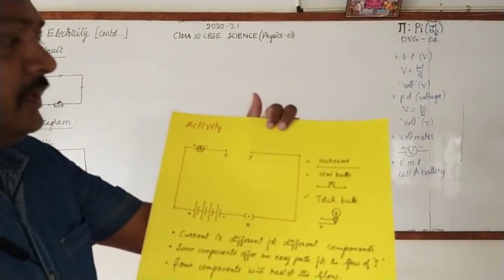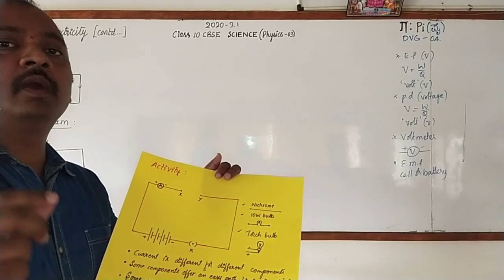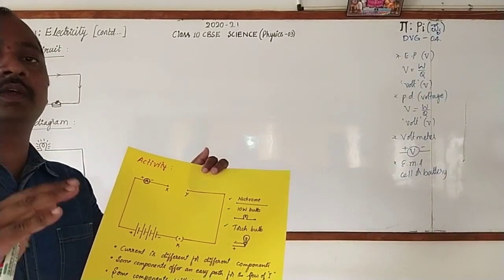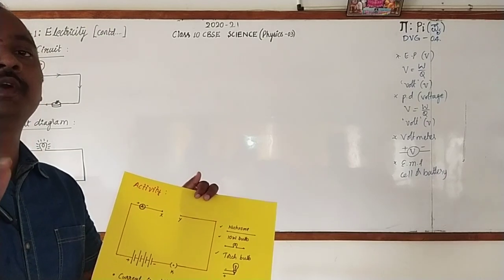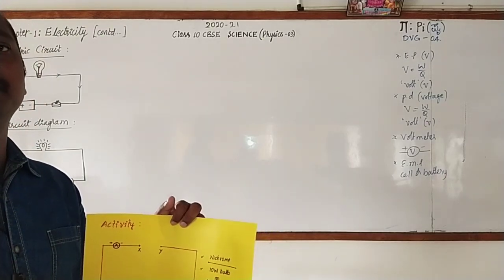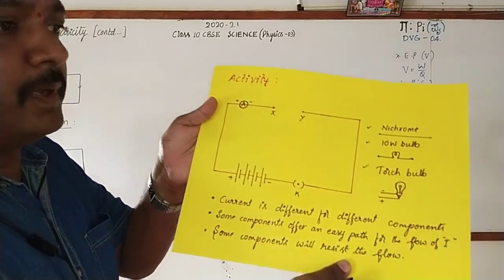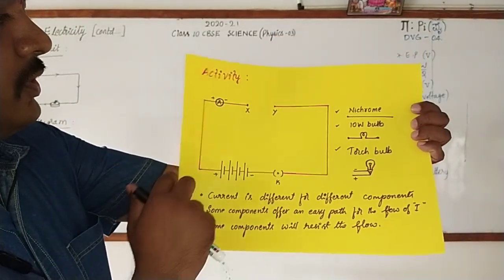Just observe it. Here, to measure the amount of electric current flowing in a component or conductor, we use a device. The device is an ammeter. Here I have made a simple circuit. You can observe this one.